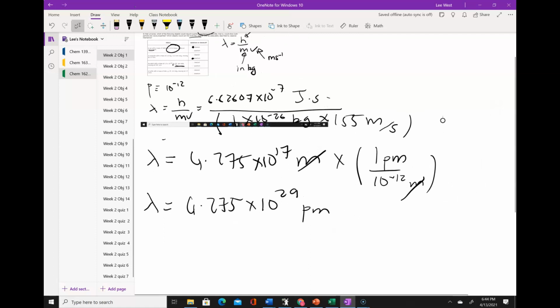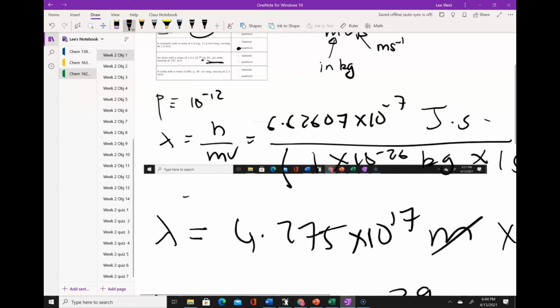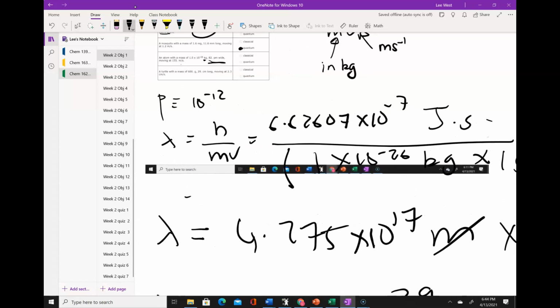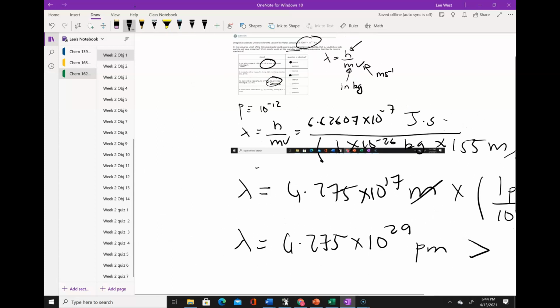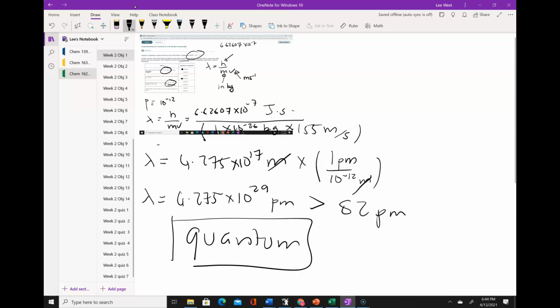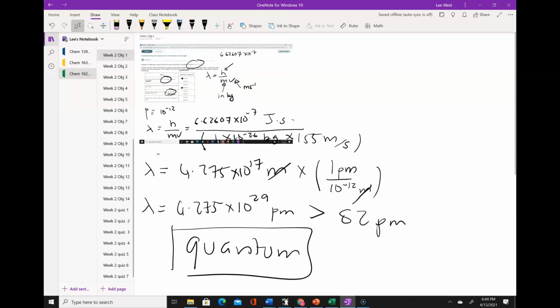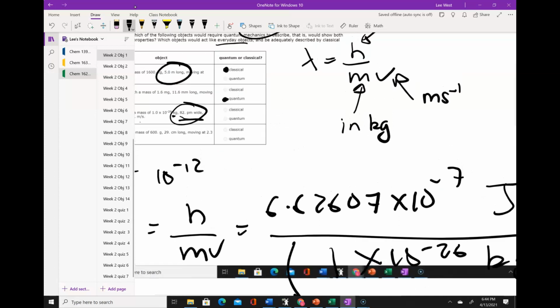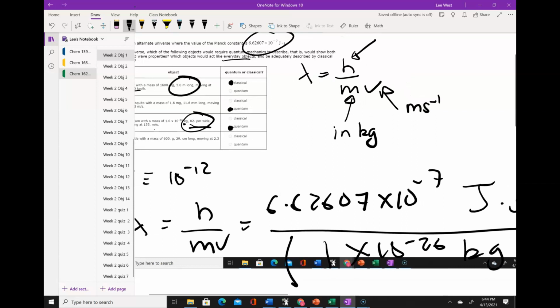Okay, I won't go through that, which is very much bigger than the size of this atom. This atom was 82 picometers. That is a lot bigger than 82 picometers. So that means that we have to use quantum mechanics to describe that atom. The wavelength is bigger than the object itself, so we're going to use quantum mechanics to describe it.